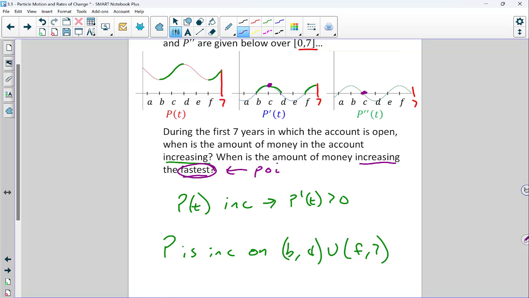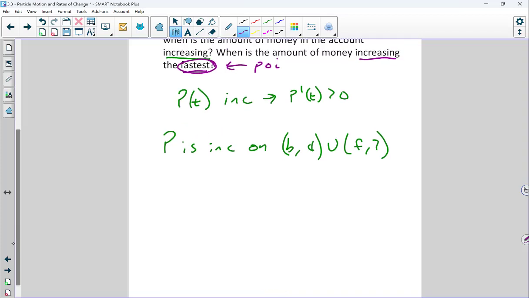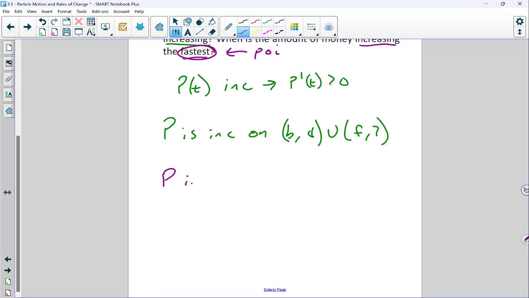The point of inflection for this graph, since we're strictly talking about on intervals of increasing, would be at point C. Now, technically, you could also make an argument about t equals 7 as well, because if this graph were to continue following its same pattern, I would assume that t equals 7 is also a maximum, but since I don't know what's happening to the right of 7, I'm going to exclude that from consideration. So the amount of money is increasing fastest at t equals C.